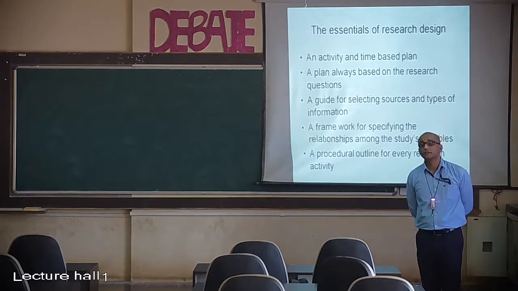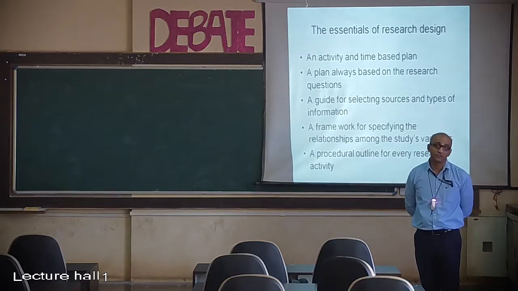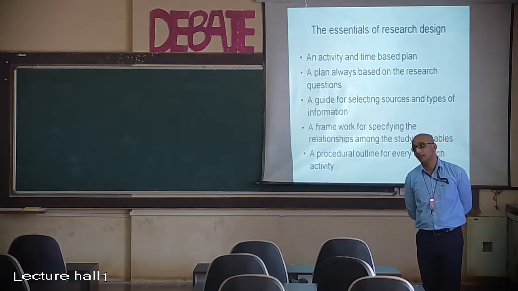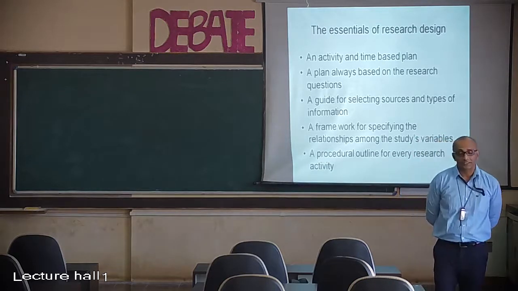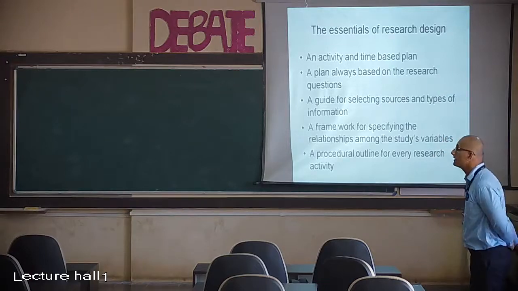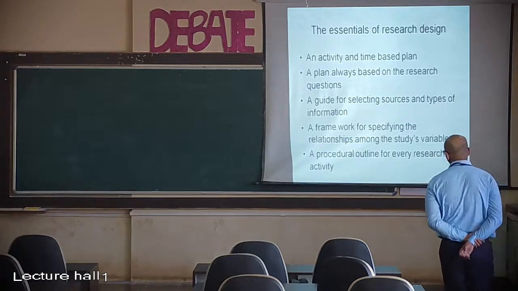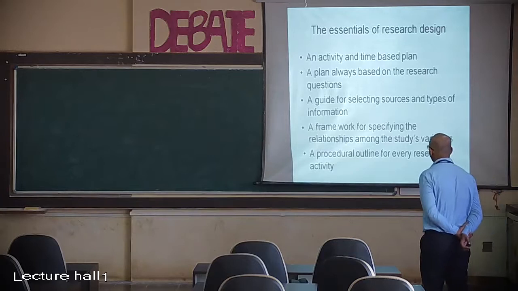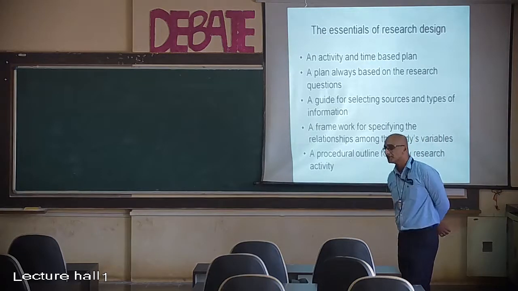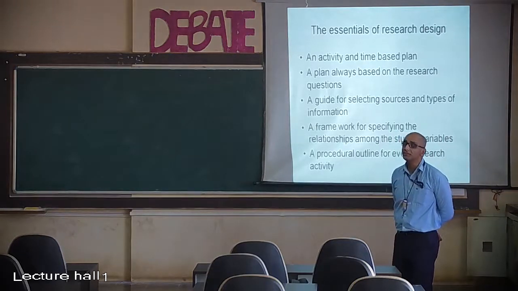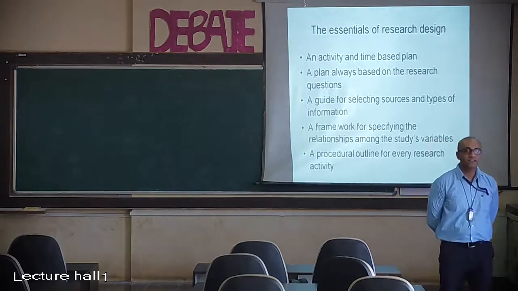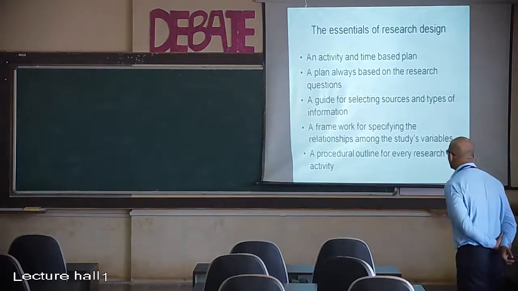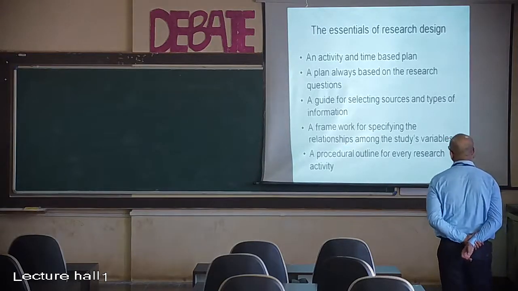The information related to price fluctuations is also a source. The amount of money spent on advertisement or on activities for creating awareness could also be a source of information. These are the different types of sources that have to be mentioned in the research design. That's the reason why it says the research design is also a guide for selecting the sources.